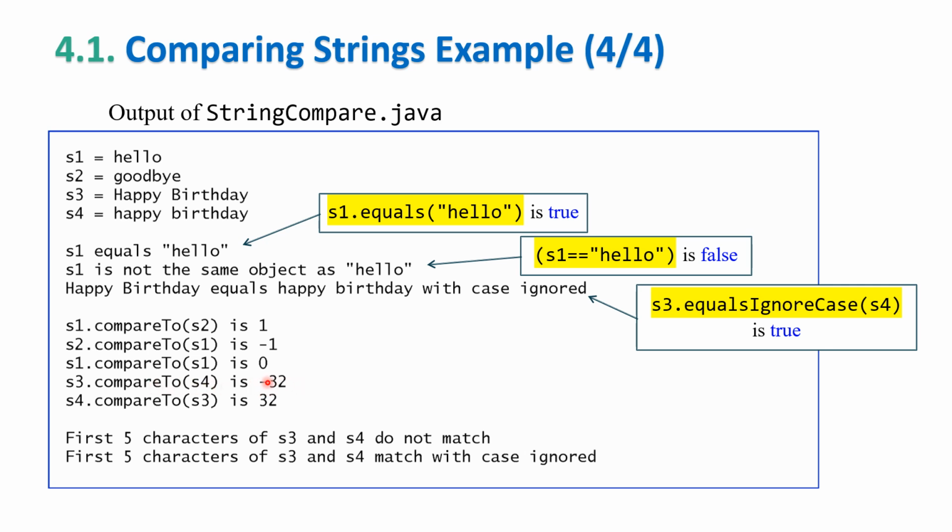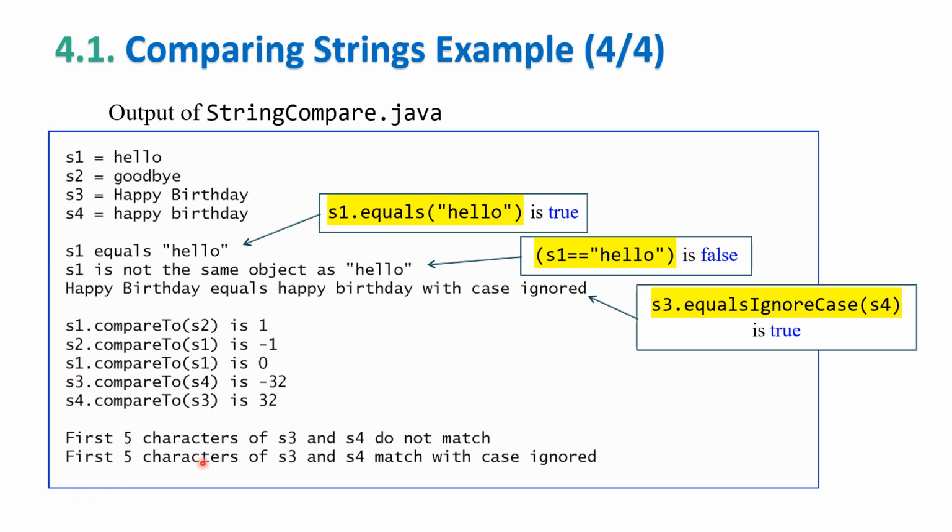Note that here the value 1 or 32 doesn't matter. What matters is that they are both positive numbers. The call S1.compareTo(S1) returns 0, which means that S1 and S1 have the same content.